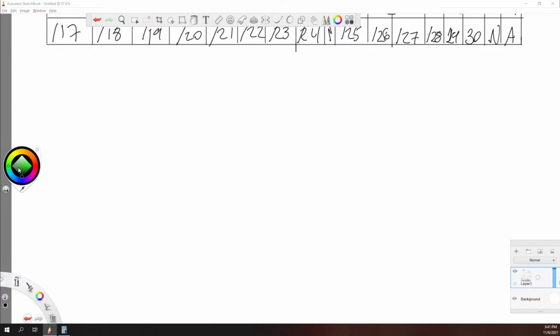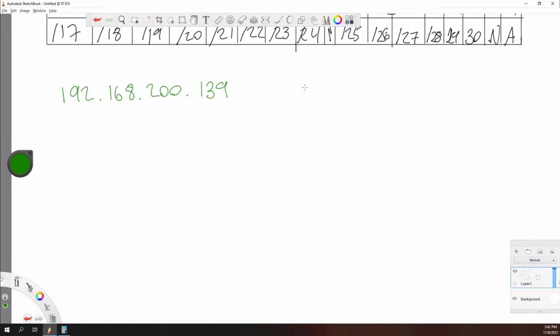Cool. So let's grab our colored pen and we're going to write out the address. I don't really like that, it's too light. Let's go with a darker one. Yeah, that's better. 192.168.200.139.